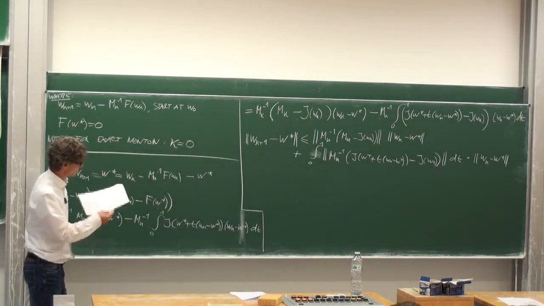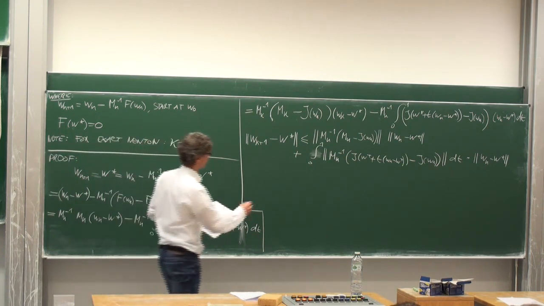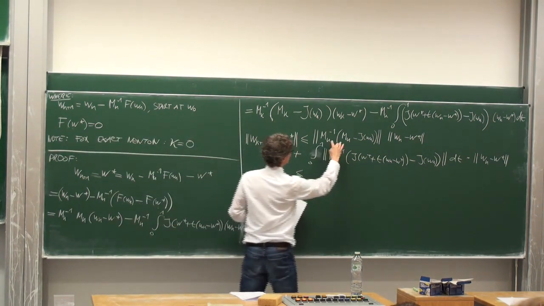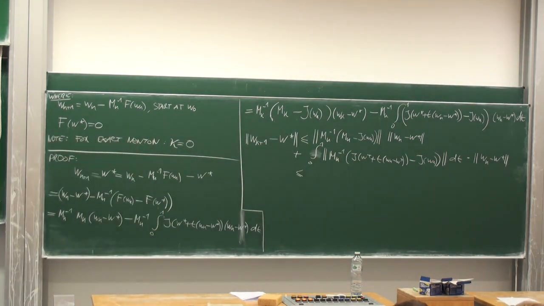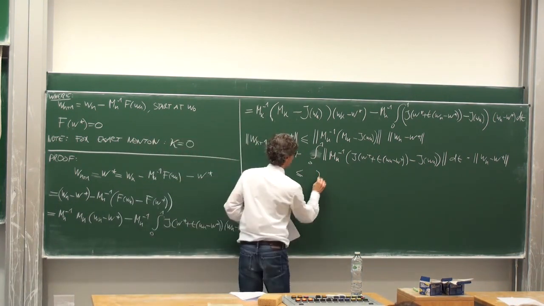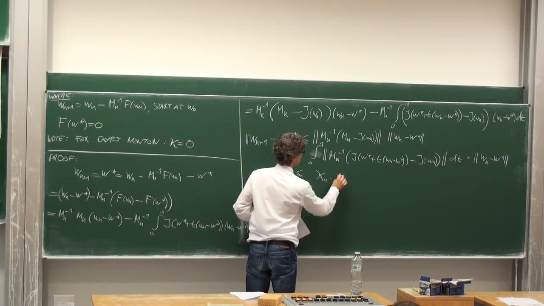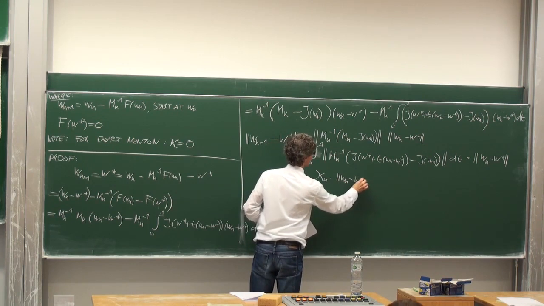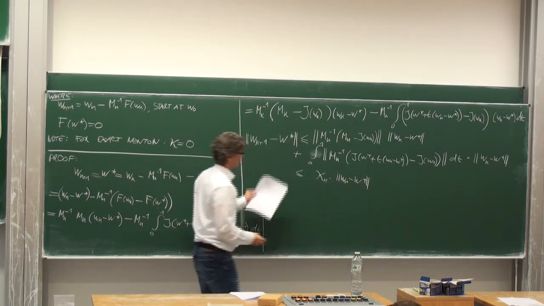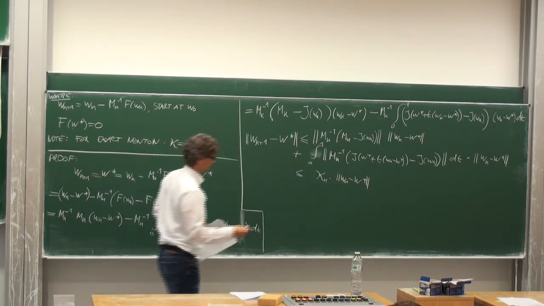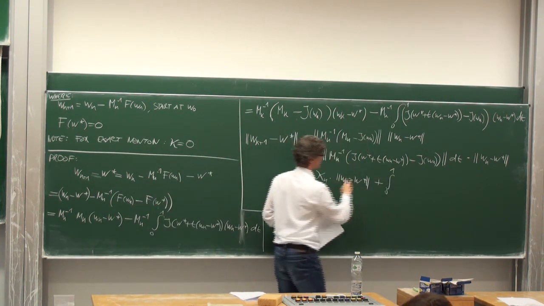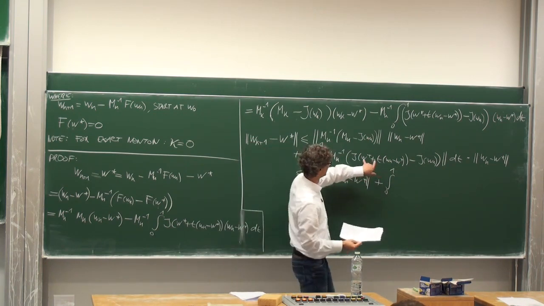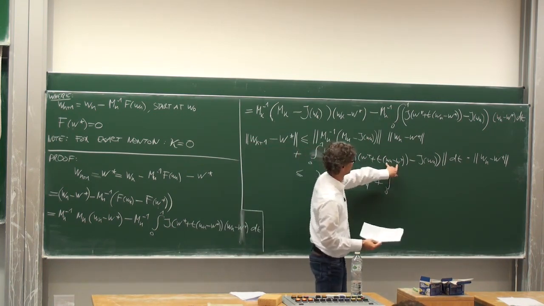So now I can use my bounds. Here I have a bound that's given by the kappa condition, so I can say this is smaller than kappa k times wk minus w star. And now the second term I will still write as an integral, but I will use the fact that I know the distance between this and this.